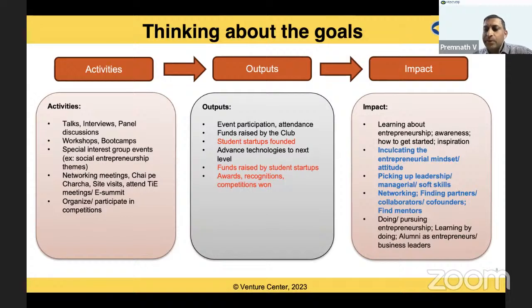So even that exposure to an entrepreneurial mindset might be quite valuable. VIT, for example, has several alumni who are entrepreneurs today. But do you think they got started only while they were there at Vellore? Probably not, right? They would have also done it later in their careers.